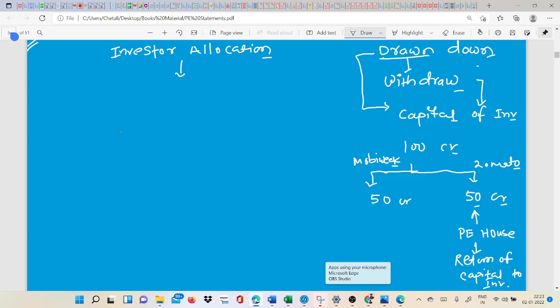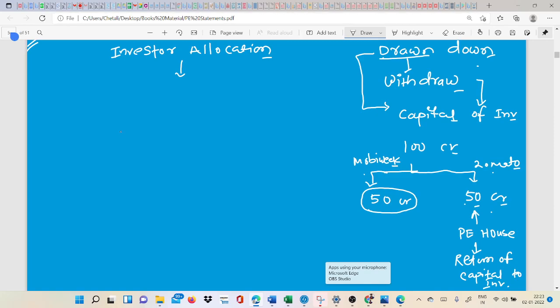So will we record 100 crore, or will we record only 50 crore that is still invested in the other company? We'll record only 50 crore, right? Because yesterday we processed this 50 crore to the investors. Correct? Are you getting me or not? Any doubts? You can ask. So it means this capital we have drawn down.